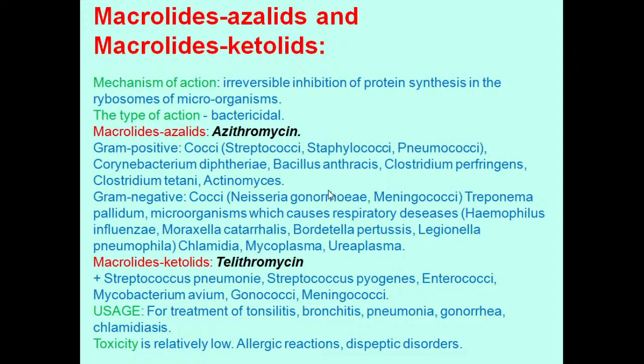And characteristic is the ability to penetrate into the cell. So they act on intracellular bacteria. And for ketolids, telithromycin, additionally to these bacteria: Streptococcus pneumoniae, Streptococcus pyogenes, Enterococci, Mycobacterium avium, Gonococci, Meningococci.